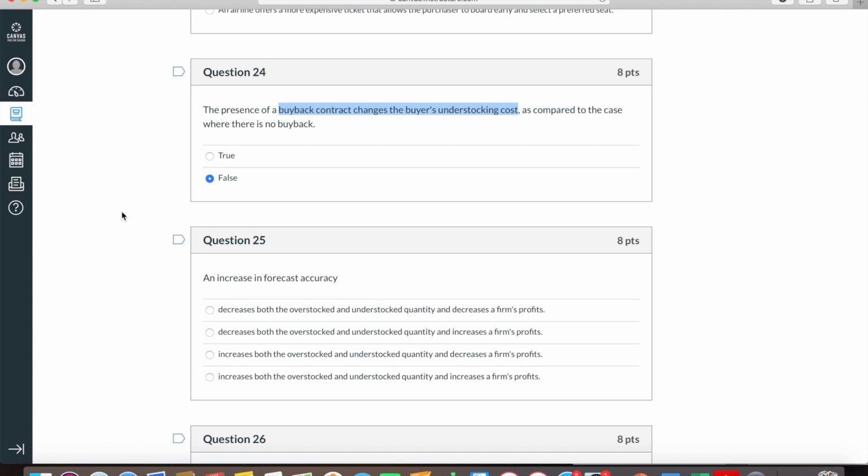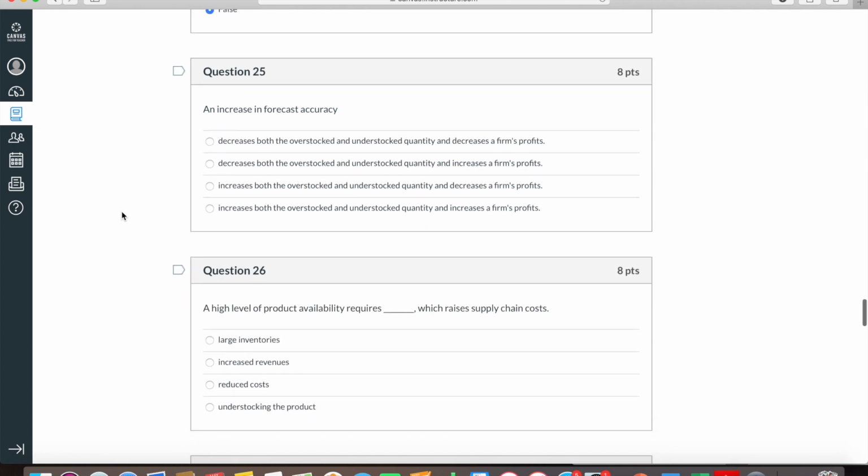So first of all, you have to understand the two things. Understocking is not having enough stuff to sell even when people want it. And a buyback contract is like a supplier buying the stuff back if you have too much. So you can't have not enough stuff and at the same time sell back to the suppliers. So that's false.